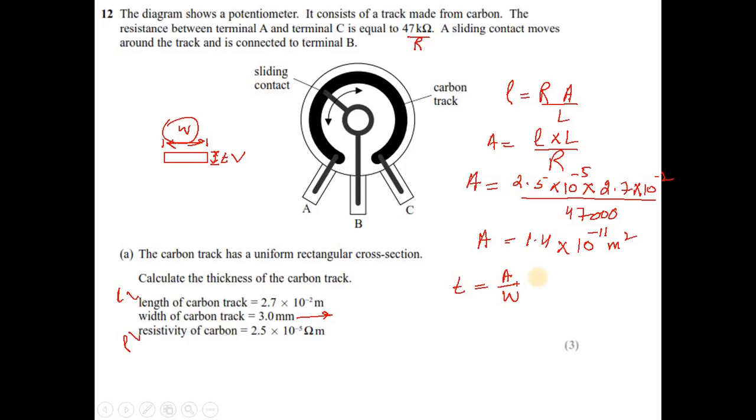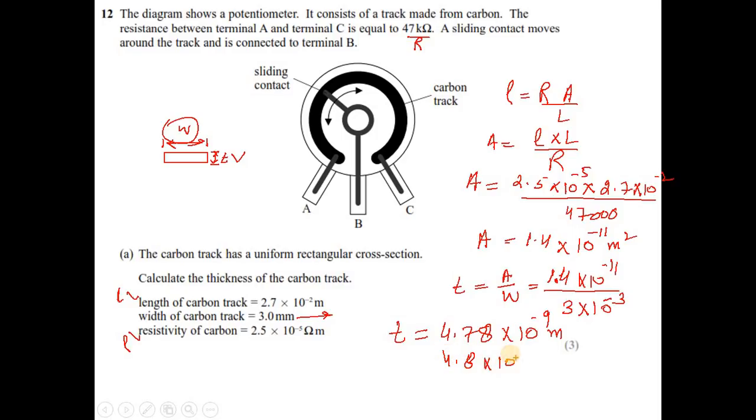So 1.4 times 10 to the power minus 11 divided by the width, which is 3 times 10 to the power minus 3. So the thickness will be 4.78 times 10 to the power minus 9 meter, or you round it off to 4.8 times 10 to the power minus 9 meter, or nanometer if you wish to say. So this is your thickness.